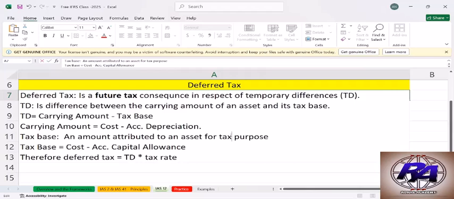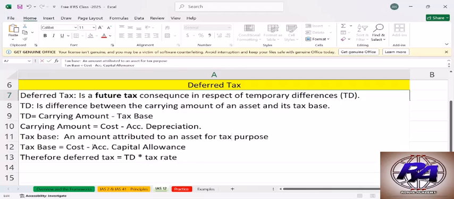And what is the temporary difference? The difference between the carrying amount of an asset and its tax base. What is carrying amount? The cost of an asset minus accumulated depreciation. What is tax base? The amount attributed to the asset for tax purposes, and that is the cost minus accumulated capital allowance.